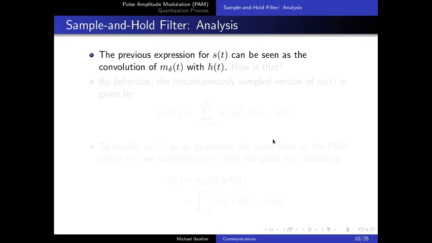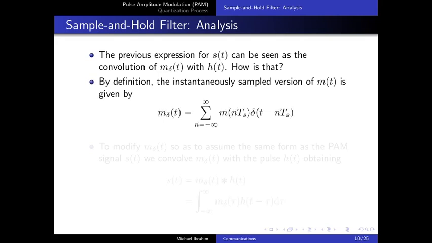Okay, the previous expression of s of t can be seen as a convolution of m delta of t with h of t. What's h of t? It's a pulse shape. What's m delta of t? It is the sampled version of m of t. So how's that? If you remember from the previous lectures, by the definition of instantaneous sampling, m delta of t equals the summation from minus infinity to plus infinity of m of nTs times delta of t minus nTs.